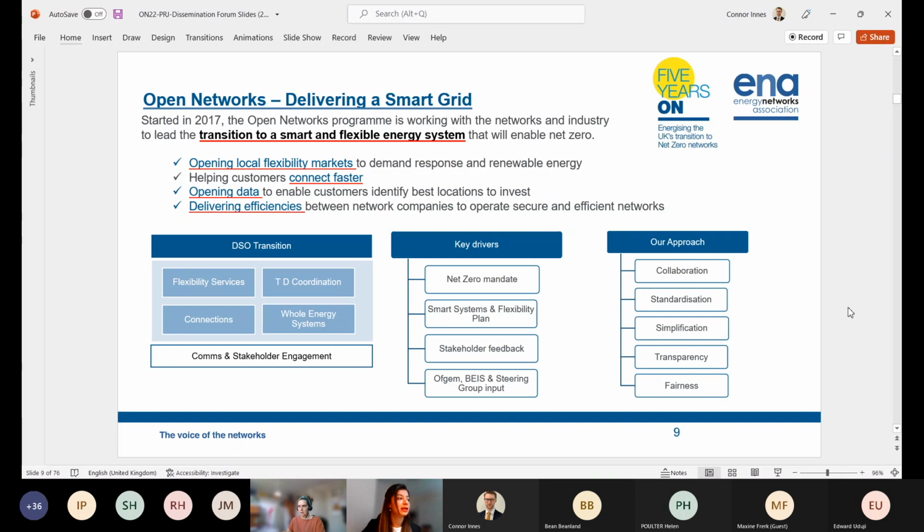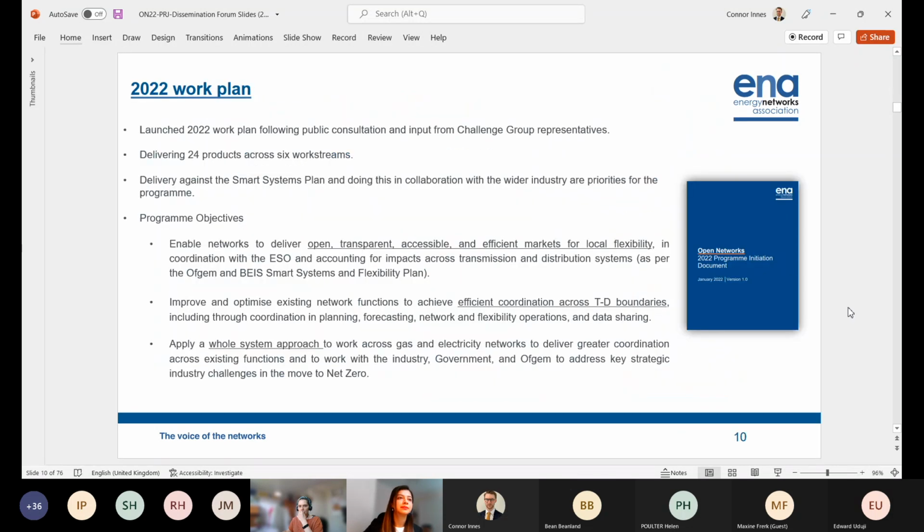So it is easier for people to participate and engage with the network companies and with the transition. We're also helping to bring more transparency in the way that we do things. And fairness is a key underlying principle for all the work that we do. So, in looking at this transition, we're making sure we're not leaving anyone behind. So if you go to the next slide.